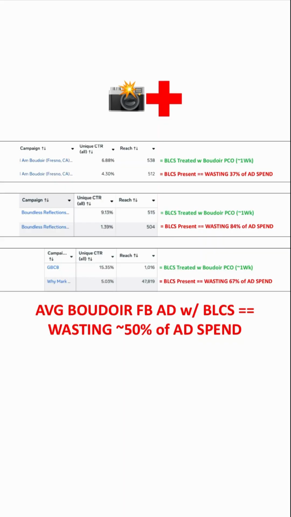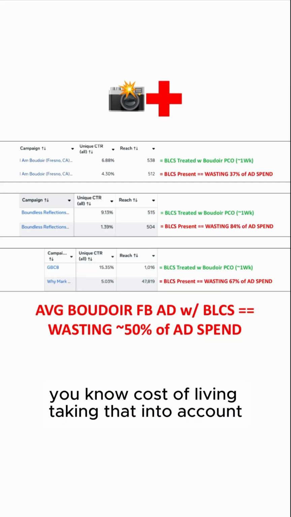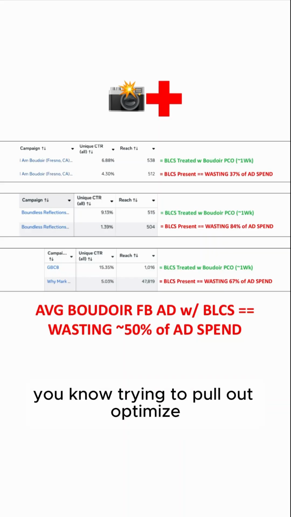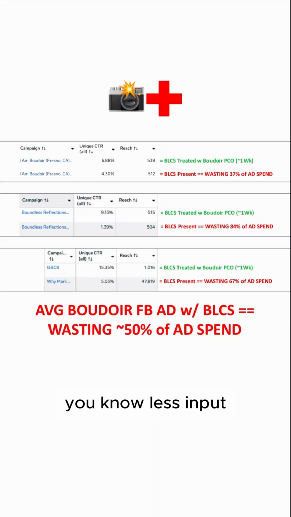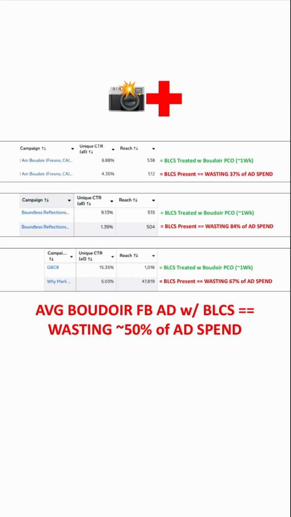And you're also seeing inflation and cost of living, taking that into account. So you've already been optimizing your business, trying to pull out more profit for ideally less input, less work. Try to get a jump on all this and remain competitive.